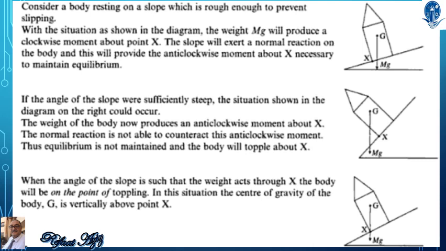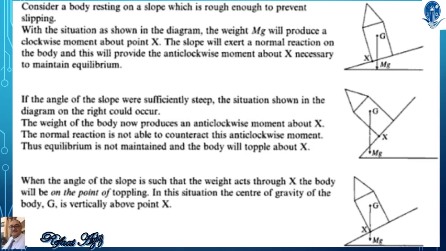To prevent slipping, the slope will exert a normal reaction on the body, and this will provide the anti-clockwise moment about x necessary to maintain equilibrium. Then equilibrium occurs from the moment and the vertical weight of the body.